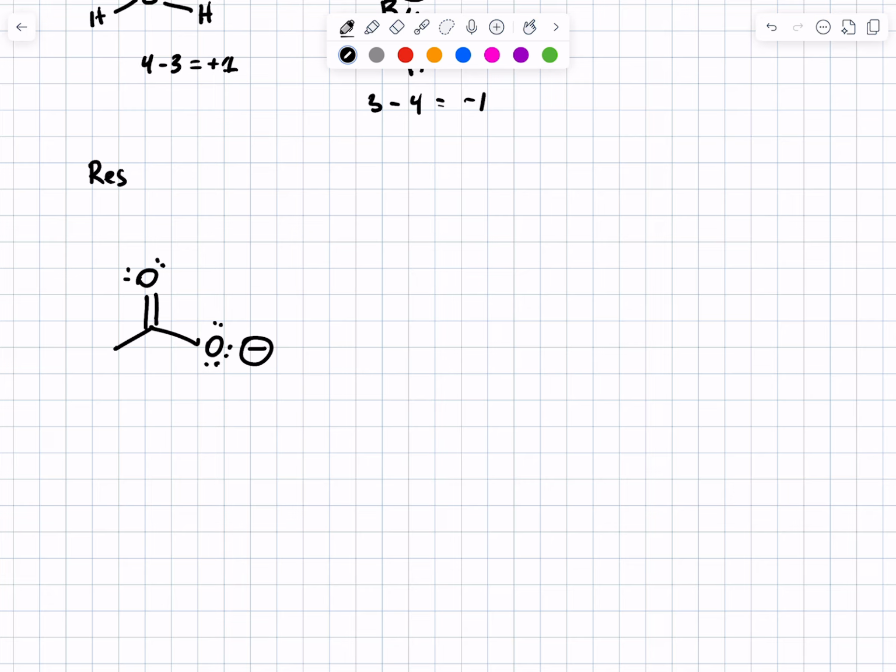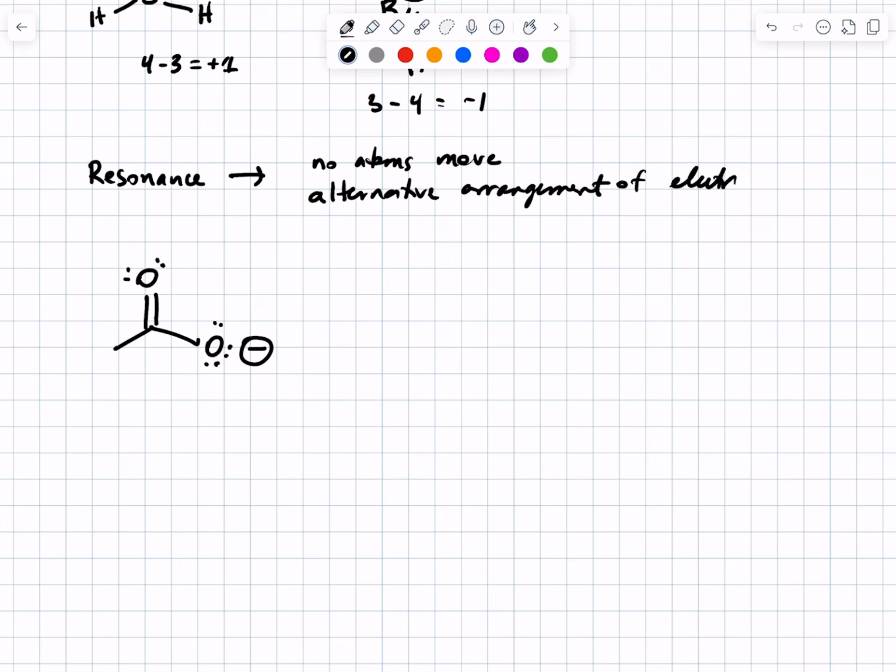Resonance is a situation in which, without moving the atoms, you can have an alternative arrangement of electrons. That is a different Lewis structure.